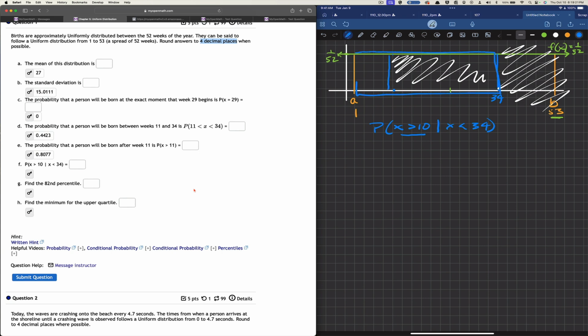What percentage of that white rectangle that I have scribbled in over here is it of the blue rectangle? So what I'm going to do is find the area of the white part, which is the probability of x greater than 10 and less than 34.